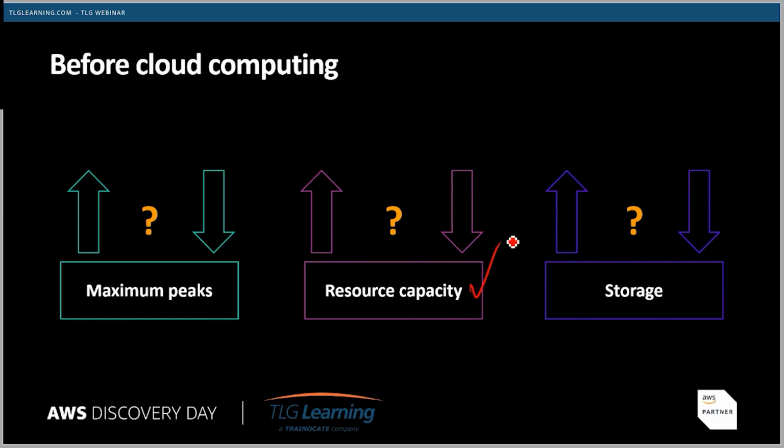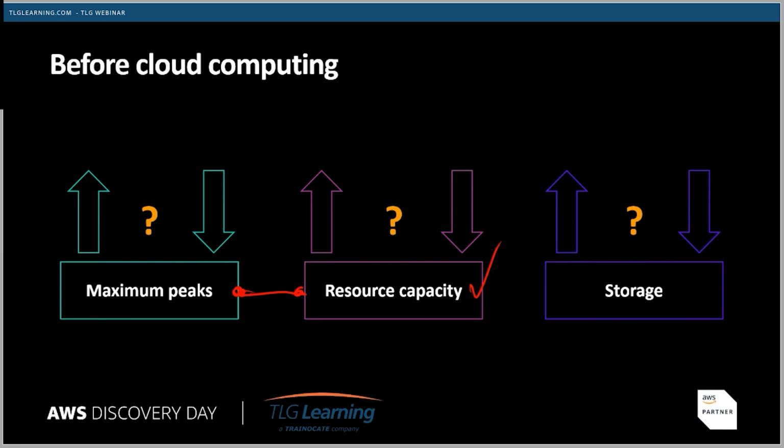How much capacity do we have? Enough capacity in the internet connection, our web servers, our databases, enough capacity to handle the maximum peaks of traffic that we may expect as traffic volumes vary.